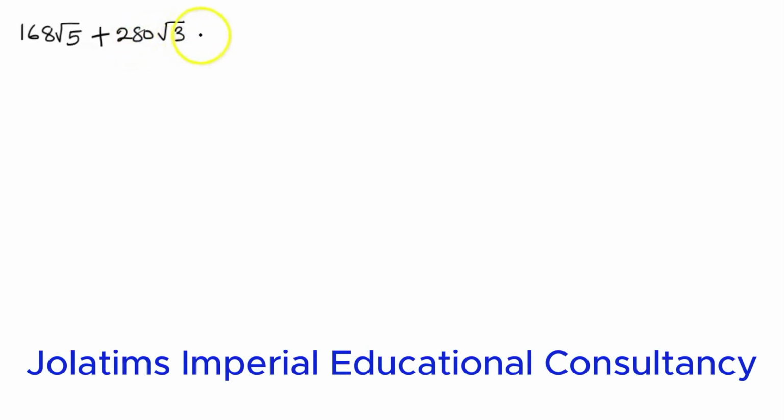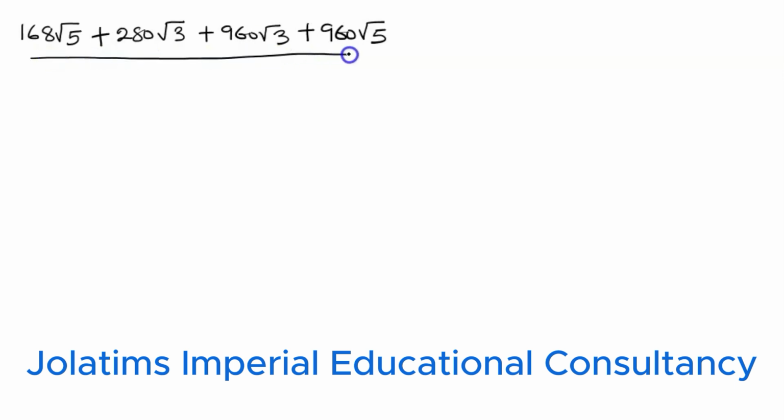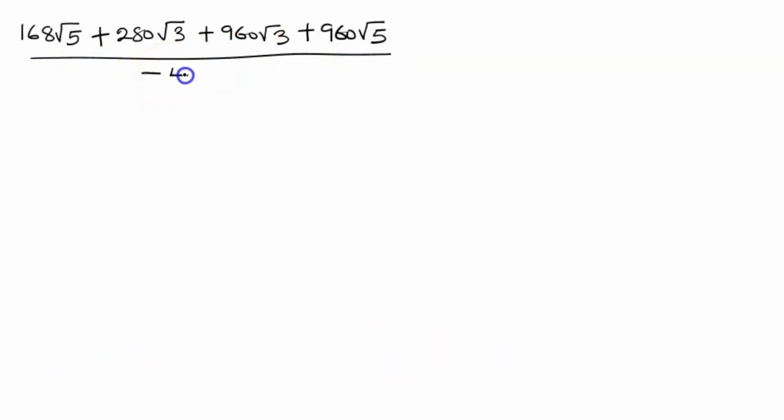Okay, then added to 960 root 3, then added to another 960 root 5. Okay, then everything is divided by negative 480.